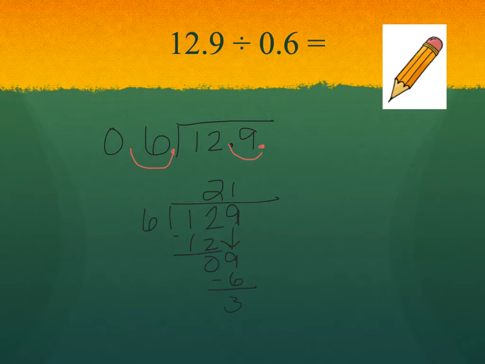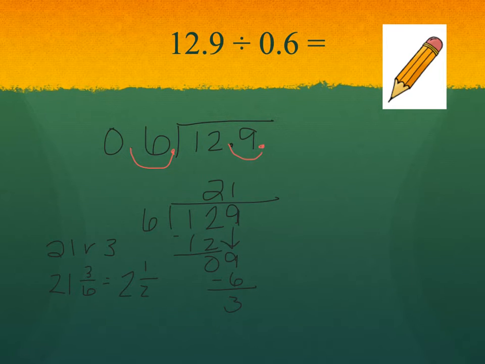Subtract, get 3. Here's where I need to pause for a moment, though. In the past, I could have written my answer as 21, remainder 3, or I could have written it as 21 and 3/6, and then simplified that to be 21 and 1/2.